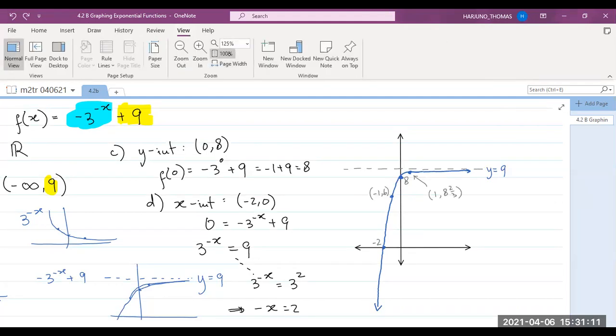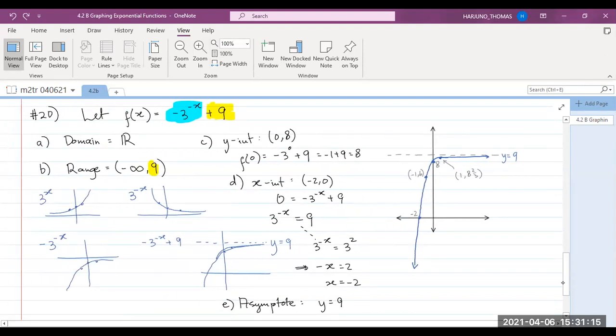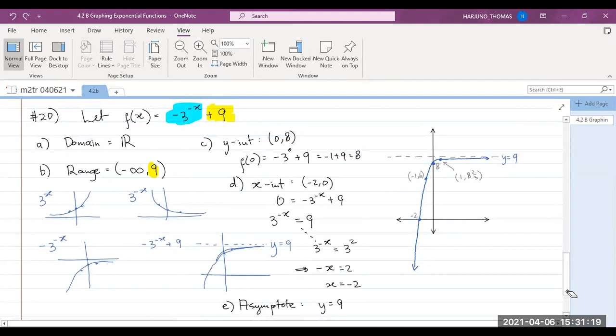Now let's go back to normal view. My intention in your test is that I usually use base 2 or base 1/2. Sometimes I use a little bit stranger base, but let's do one.